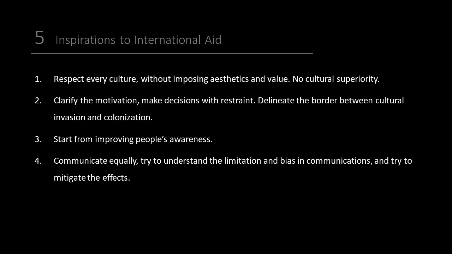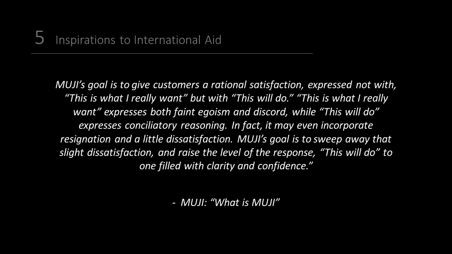And the last one is to communicate equally, try to understand the limitations and bias in communications, and try to mitigate the effects. At the end, I want to share this paragraph from Muji's website. What is Muji? Muji's goal is to give customers a rational satisfaction, expressed not with "this is what I really want," but with "this will do."